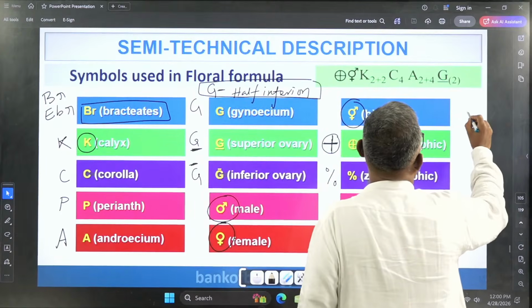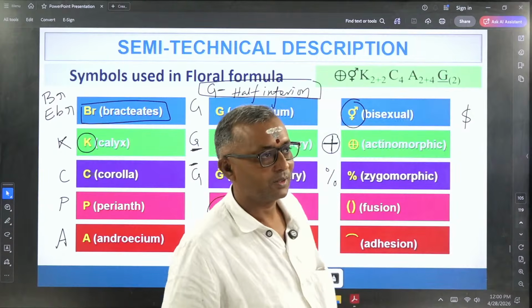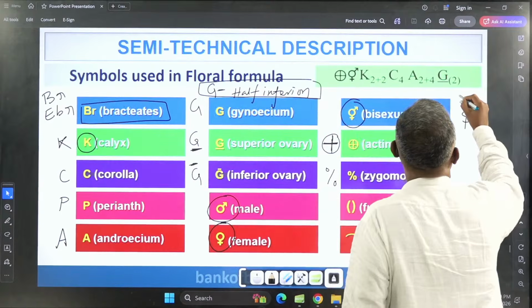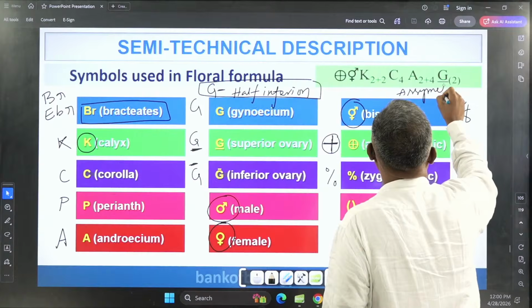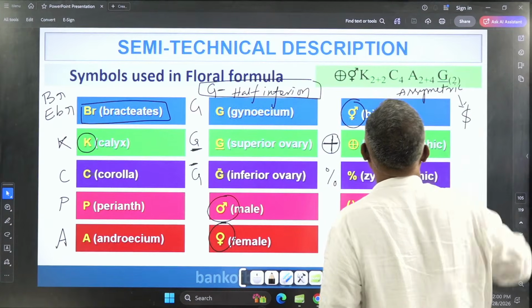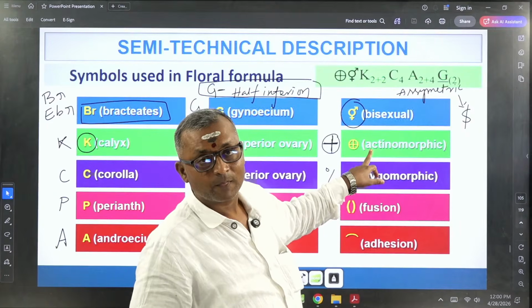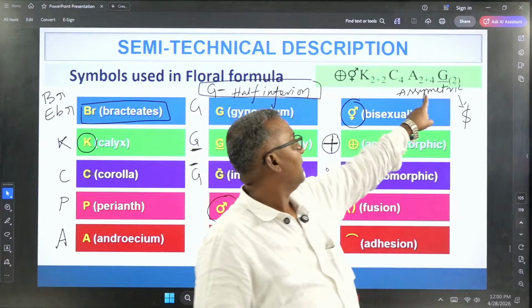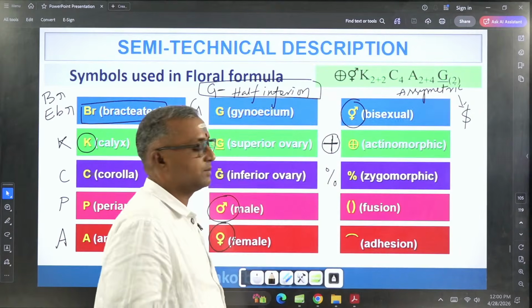If it is an asymmetric flower, then we put a dollar symbol. Dollar symbol for what? An asymmetric flower. So this is actinomorphic or radial symmetry, zygomorphic or bilateral symmetry, and an asymmetric flower is the dollar symbol. So these are the symbols.